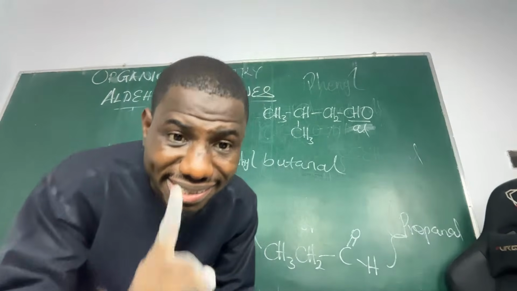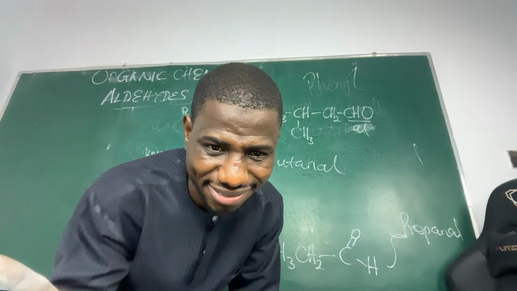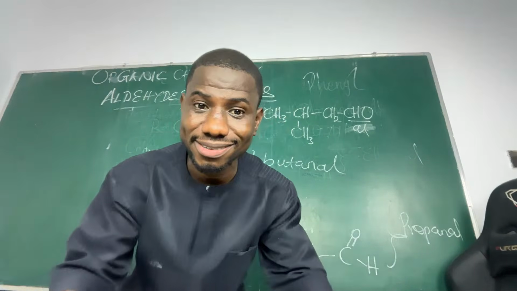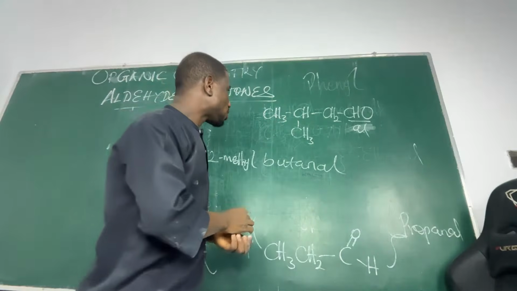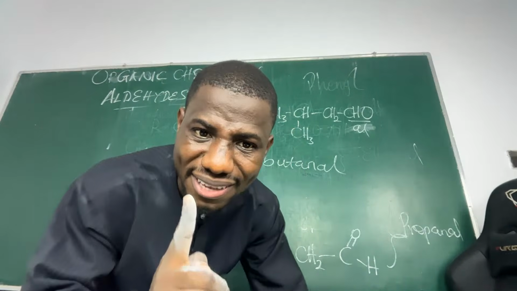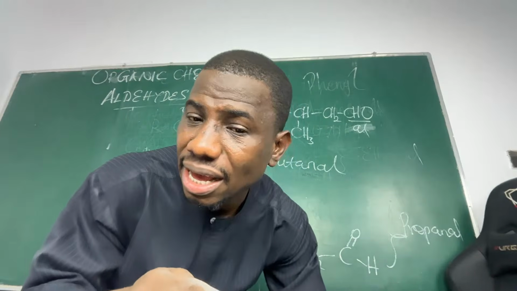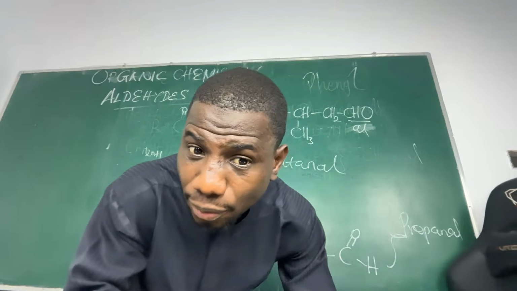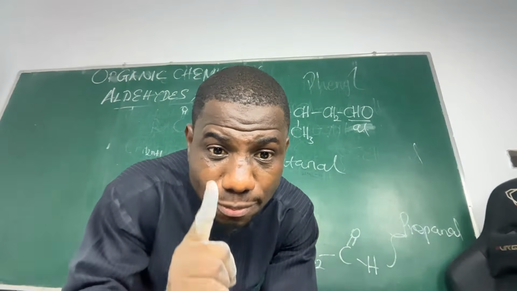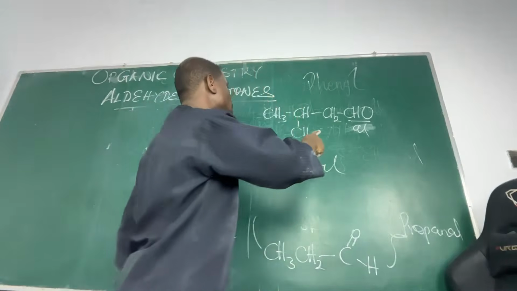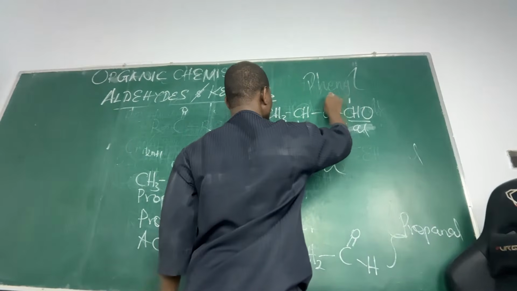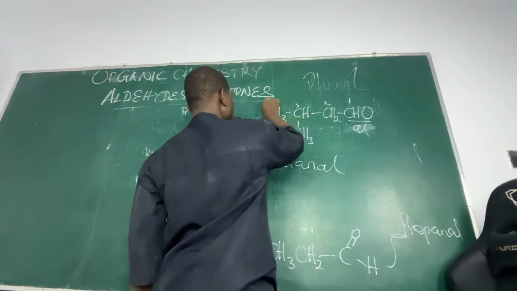And once you click it, you will fail, thinking that you got it. Why do some obey the rule that the carbon of the functional group always maintains position 1? So if this is position 1, this becomes position 2, position 3, position 4.